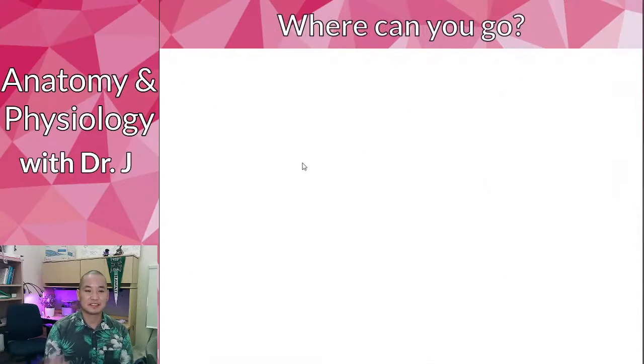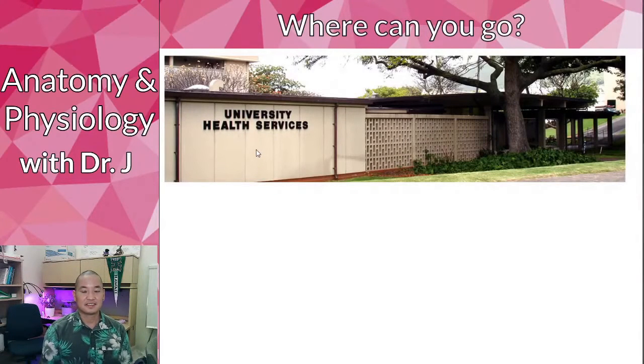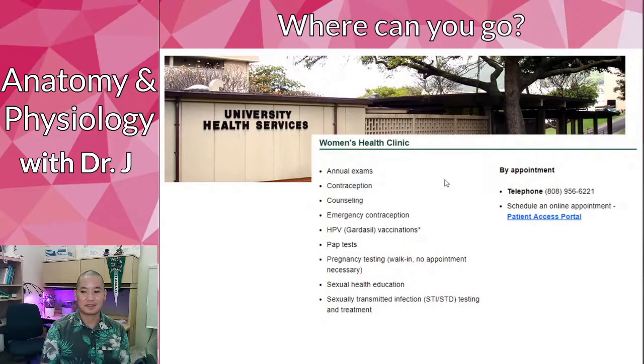Say you might suspect that, or say you're sexually active. Well, if you're here on the UH campus, University Health Services does STI screening, checks, and treatments as well. So this is where you should go if you suspect, especially if you have symptoms of a chlamydia or gonorrhea infection or any STI.